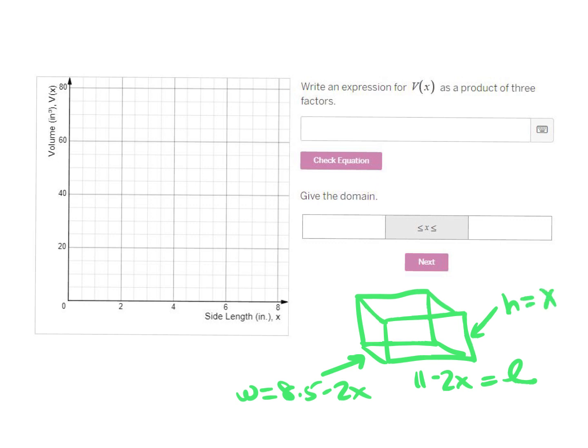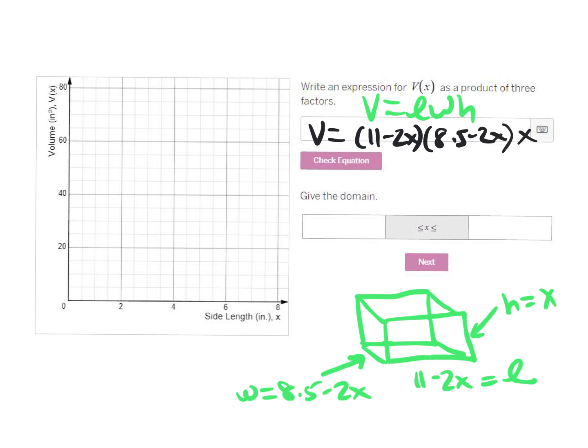So if volume equals length times width times height, all I'm going to do is sub in for that. So volume is equal to 11 minus 2x times 8.5 minus 2x times x.